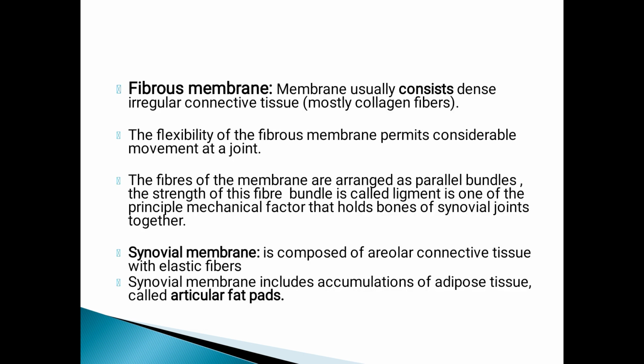So we'll see now the features of the fibrous membrane. This membrane usually consists of dense irregular connective tissue, which is mostly collagen fibers. Due to the presence of these collagen fibers, it is flexible, so it will permit considerable movement at the joints.